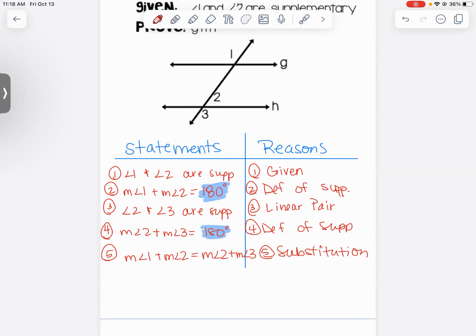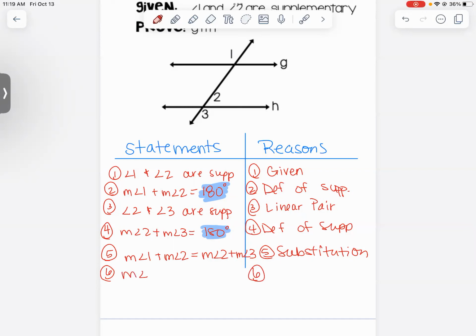We did say we need them to be the same so that we can use the alternate exterior converse theorem. So what do we need to do now?